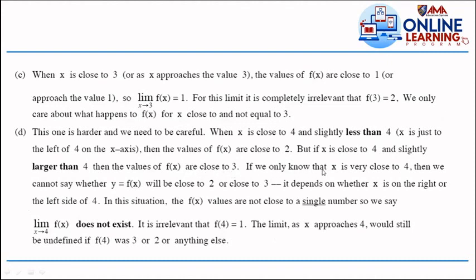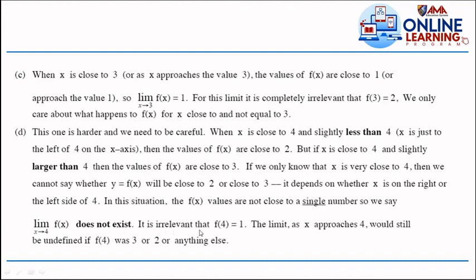If we only know that x is very close to 4, then we cannot say whether the function of x will be close to 2 or close to 3. It depends on whether x is on the right or on the left side of 4. In this situation, the function of x values are not close to a single number. So we say that the limit of the function of x as x approaches 4 does not exist.